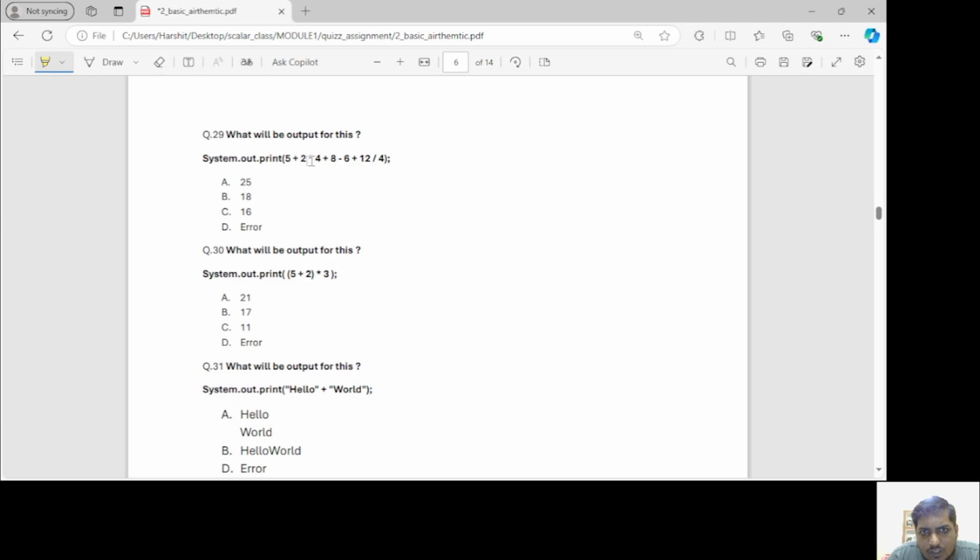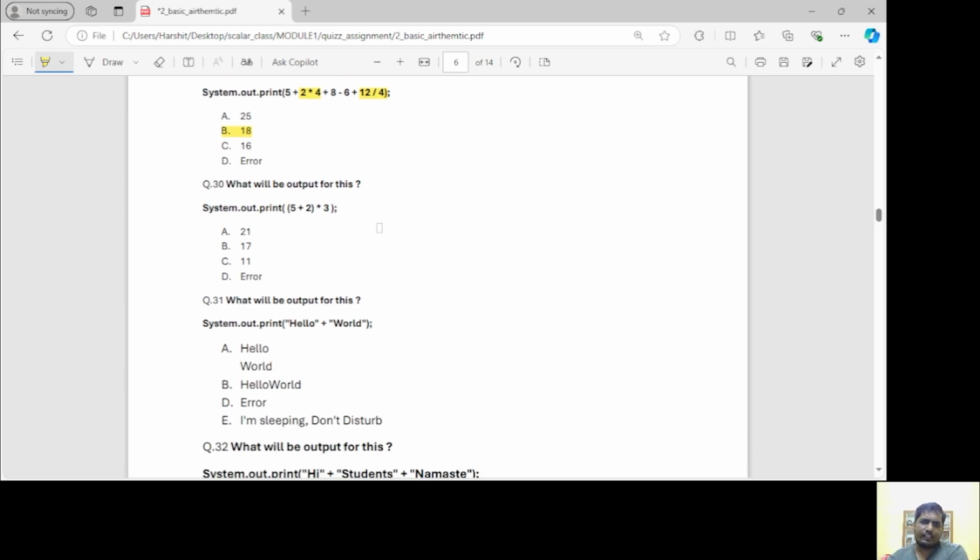Here we will do first multiplication, means first we will do this operation, and second we will do this operation. 4 2s are 8, 8 here, okay, and here 3. 5 plus 8 minus 6 plus 3. 5 plus 8, 8 8 16, correct. 16 plus 5 21. 21 minus 6, that is 15. 15 plus 3, that is 18. Answer is 18.